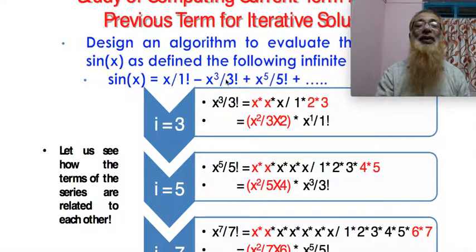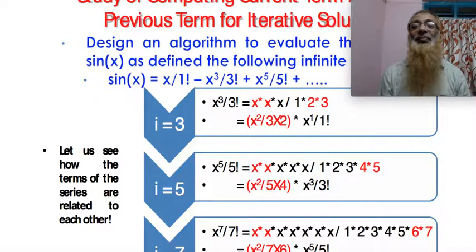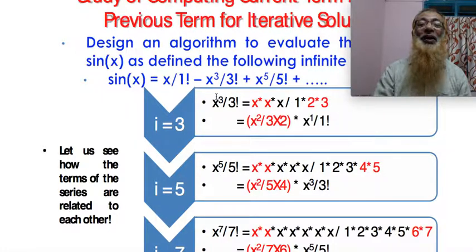I represents the power of x now, x raised to 1, x raised to 3, x raised to 5. When I was 3, our term is x cubed by 3 factorial. When we expand x cubed, it is x into x into x, obvious mathematics, followed by 3 factorial, 1 into 2 into 3.